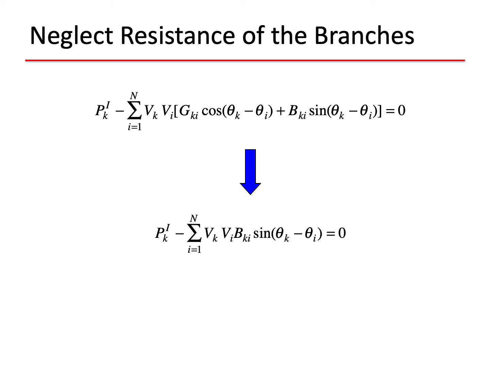So Gki is 0. If we set that in all the equations, we are left with simpler equations that involve the injected active power at bus K, which must be equal to the sum from i equals 1 to n of Vk, Vi, Bki sine (theta k minus theta i), and the difference must be equal to 0.